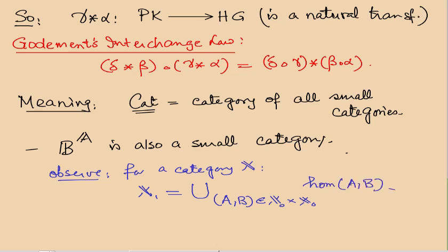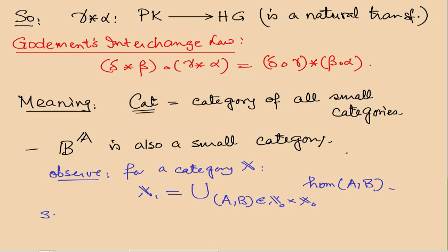Right? Because obviously these are subsets of all the morphisms, so this union is a subset of this. And if you take any morphism, you have a domain and a codomain, so it belongs to one of these Hom sets. So this is exactly the union, right?